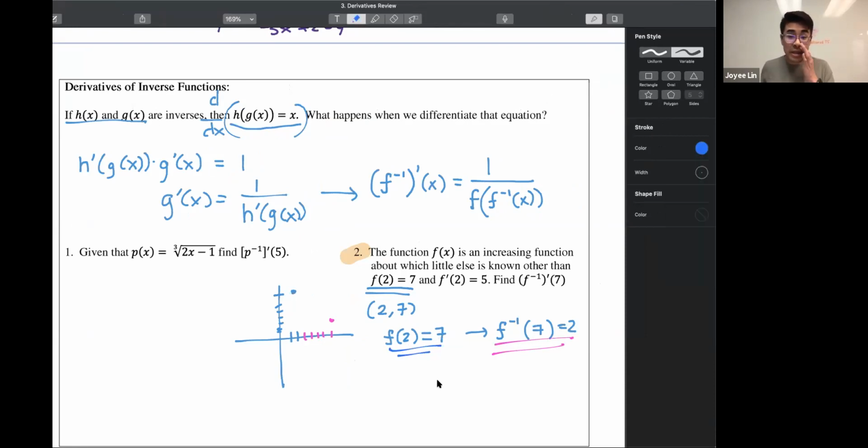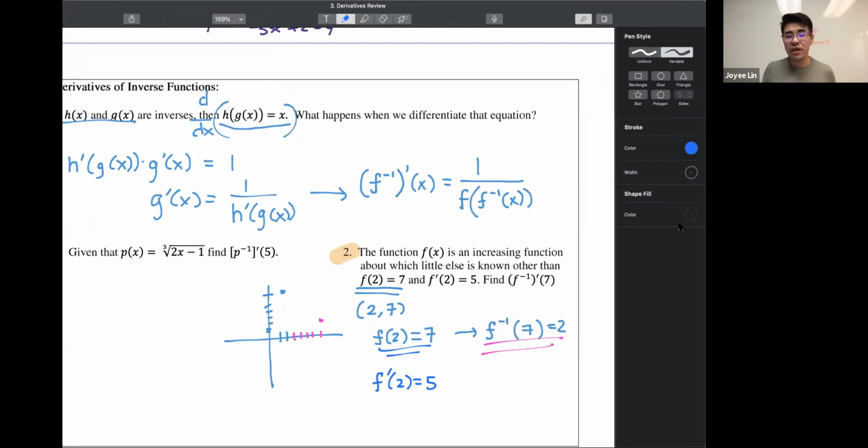And then they tell us that the derivative at 2 is equal to 5. Well, if we know the derivative at 2 is 5, then we know the slope of the tangent line is 5, which is something like that. Remember that slope is something also like dy dx, right?